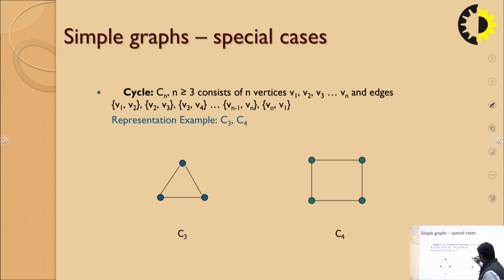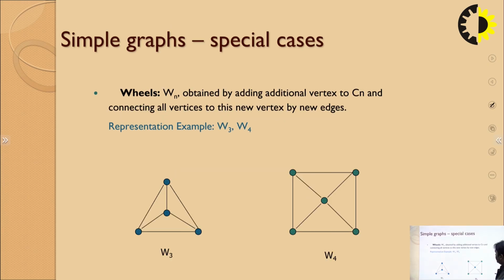If we start from one vertex, go through the edges and reach the same vertex, this forms a circuit, and this is called a cycle. Start at A, then B, C, D and back to A. A wheel is obtained by adding an additional vertex to a cycle Cn and connecting all vertices to the new vertex.